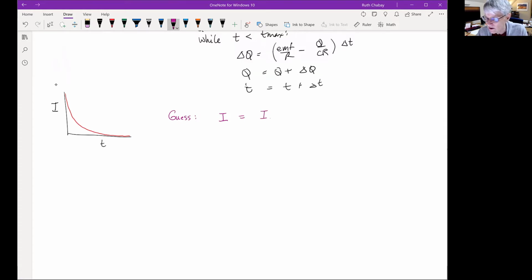So it has some initial value, I0, and then it will decay exponentially so that it's e to the minus some constant. We can't use C because that's capacitance. So let's use alpha t, where alpha is a constant. If you take anything away, take away exponentials here.